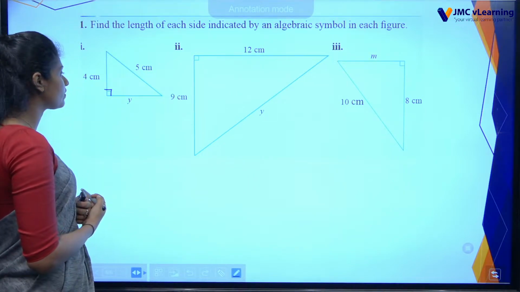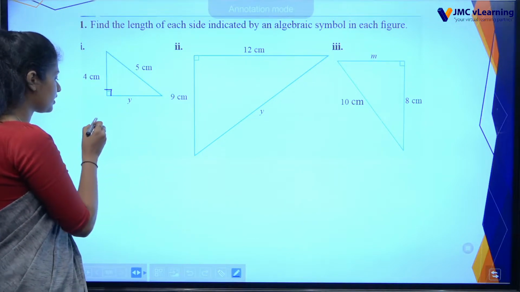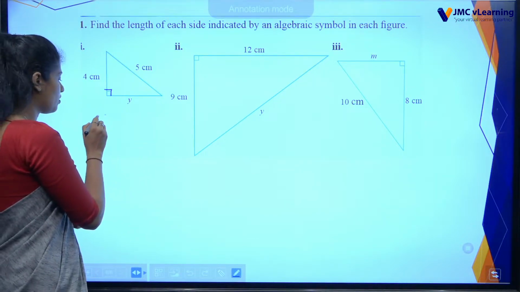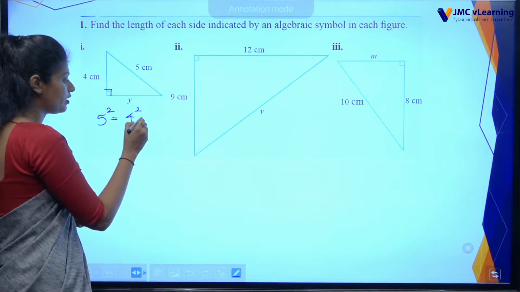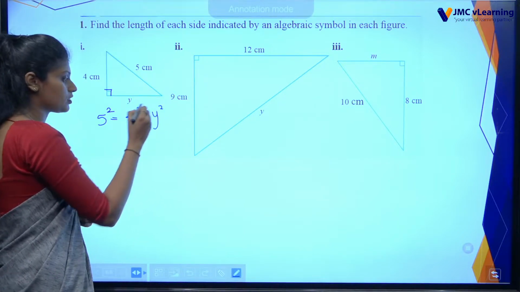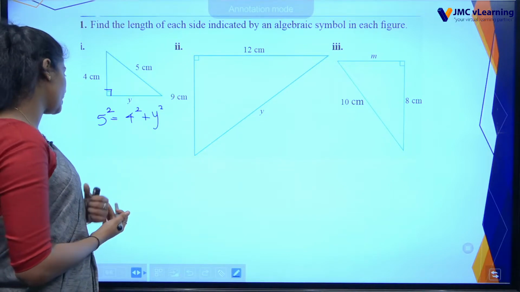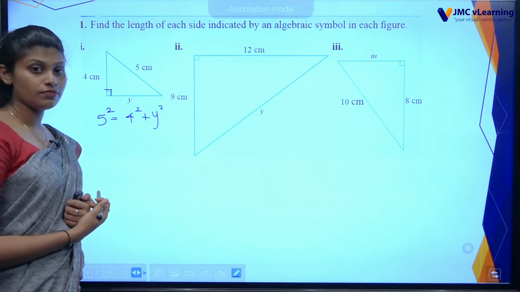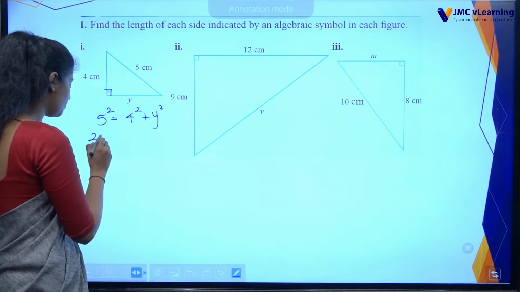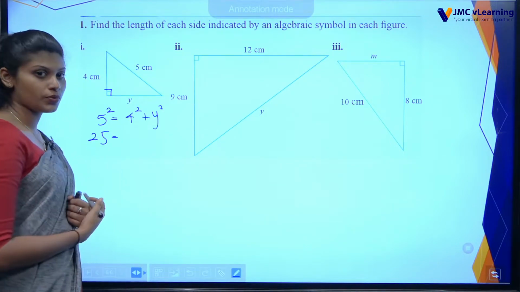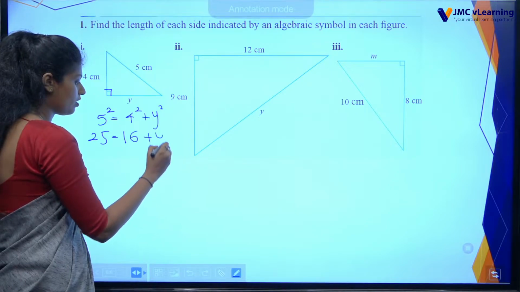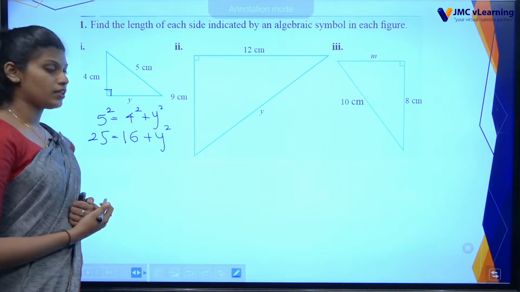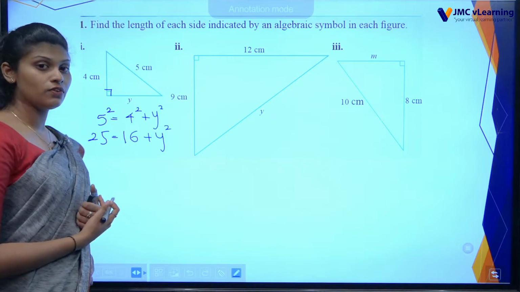So how can we write the Pythagoras relation for this figure? 5 squared is equal to 4 squared plus y squared. Then let's simplify. 5 squared, 5 into 5, it is 25. 4 squared, 4 into 4, it is 16. Add y squared. Then you have to find the value of y.